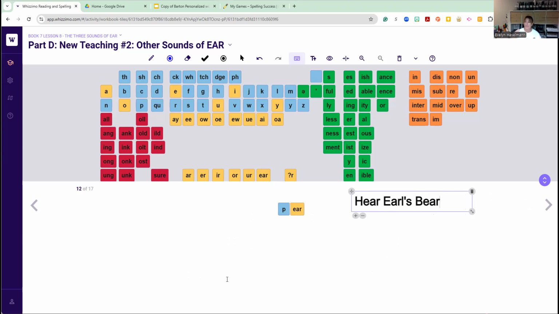Now, again, we're going to look at different homonyms. We're going to talk about ways to spell things again. Pair. What do I hear right there? Well, I hear the air sound, okay? I hear the air sound right there. Again, more than one way to spell it. And EAR is not the most common way to spell it.